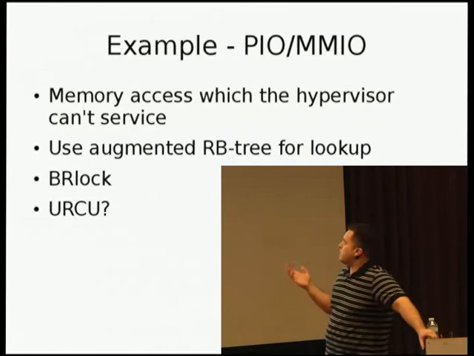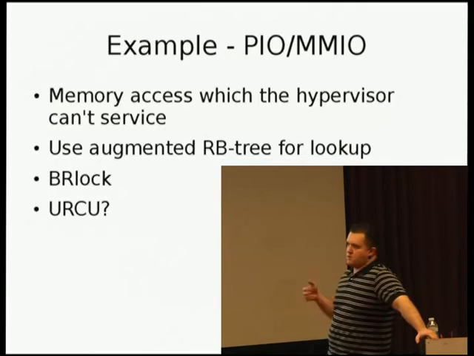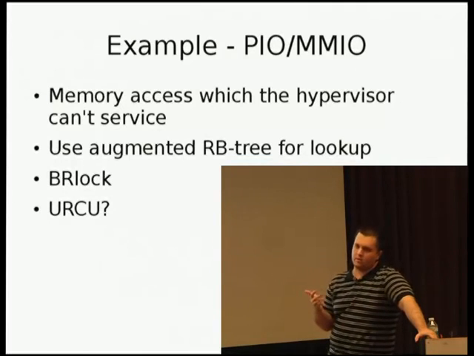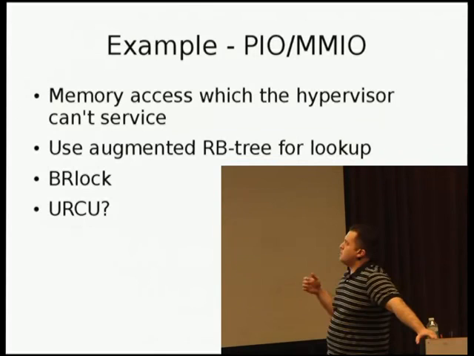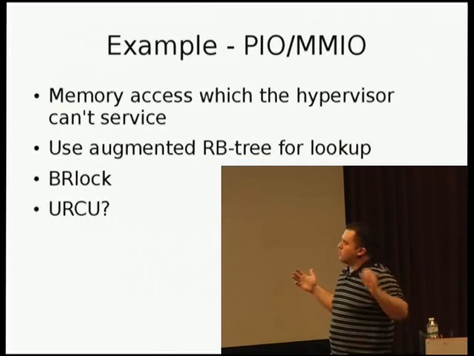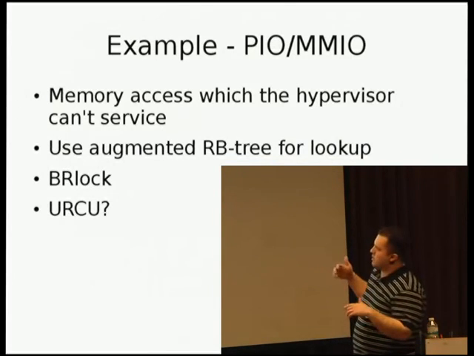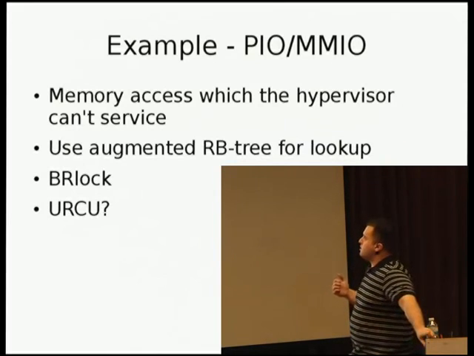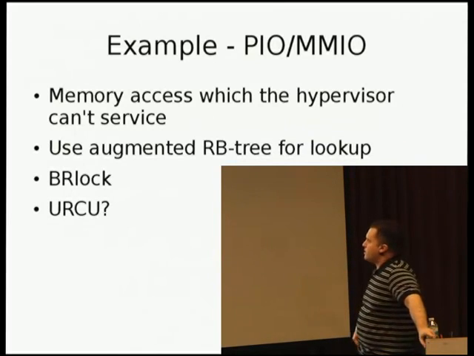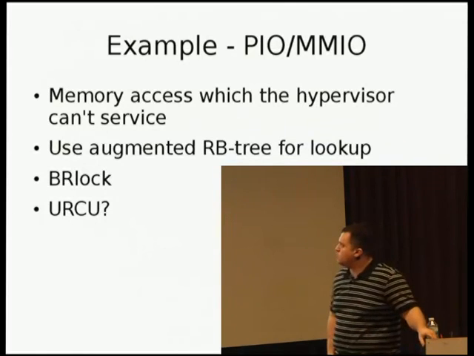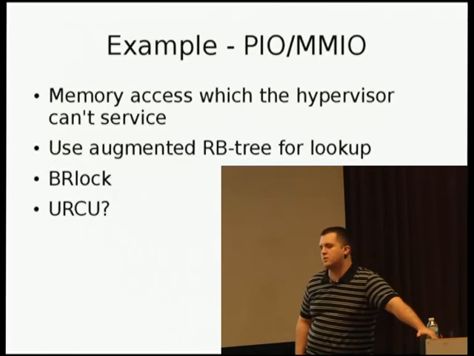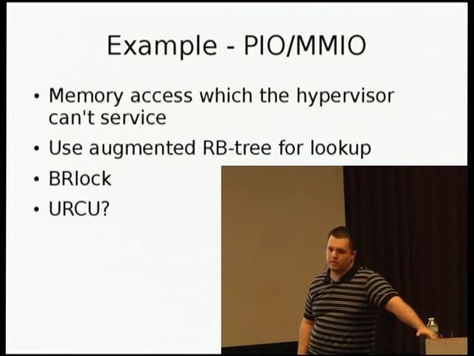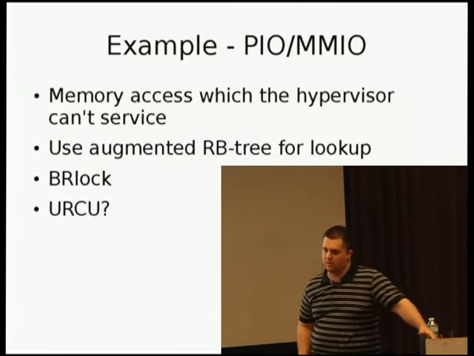Now, when it comes back to us, we need to serve that request and return it back. So there are a couple of stages we go through when we serve that request that are a good example of how we use the kernel to our advantage. The first one is the augmented red-black tree. The augmented red-black tree exists in the kernel tree, and it currently has just one user, the page attribute table.